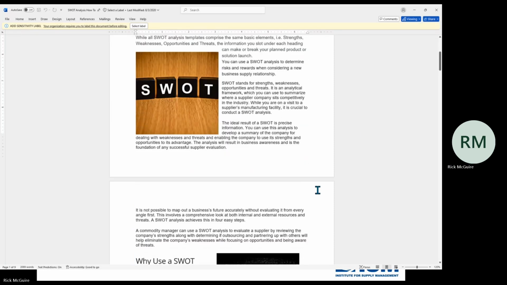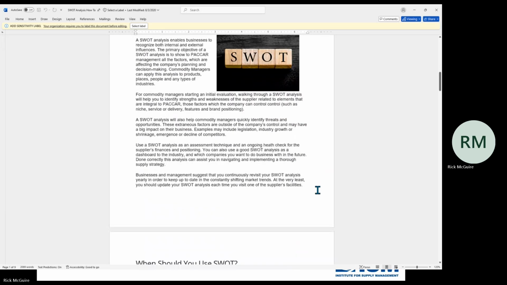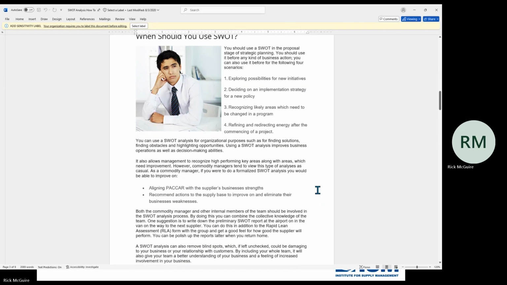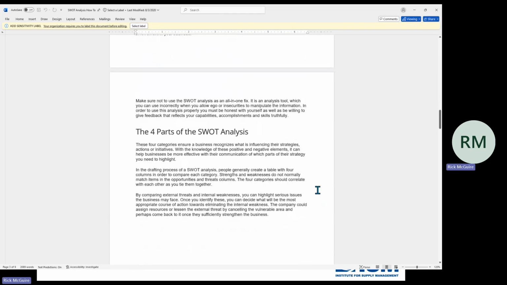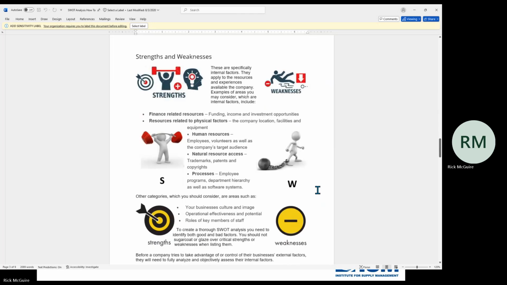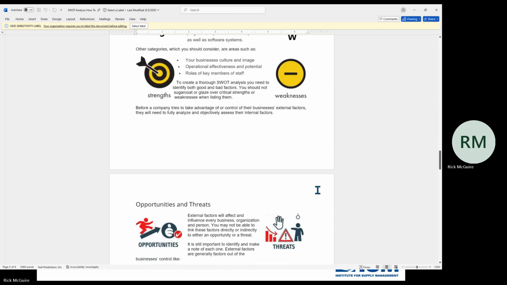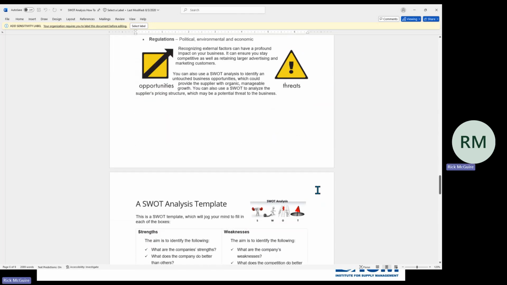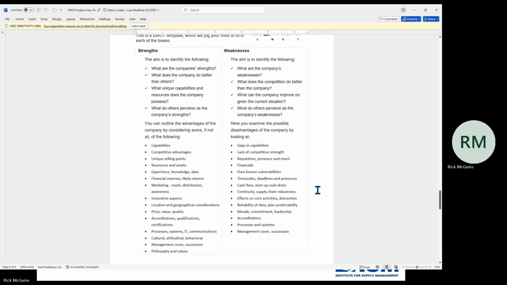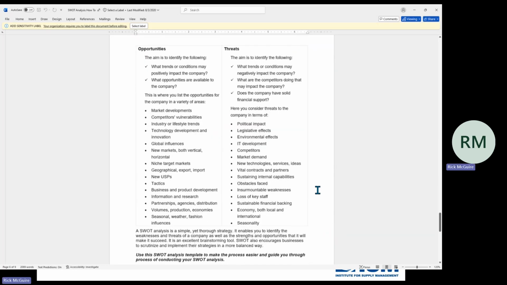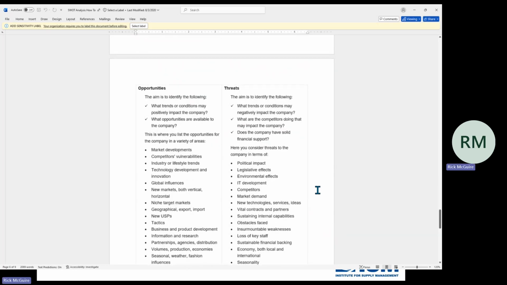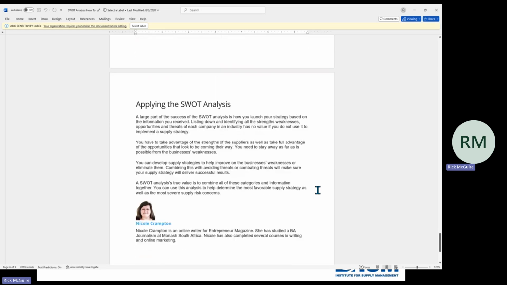When you use it, four parts. Not a super long article, but it'll give you an idea of what SWOT is all about and how it should be used.